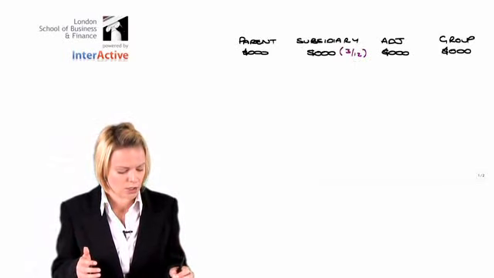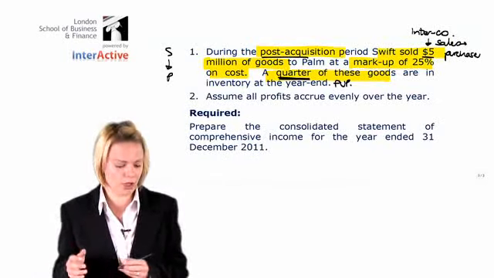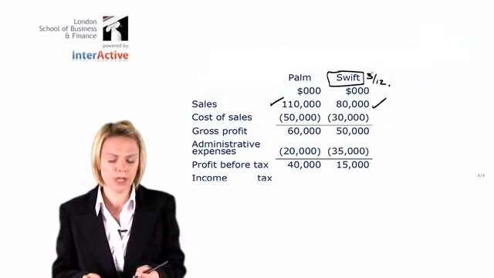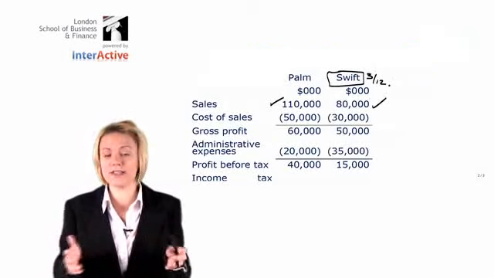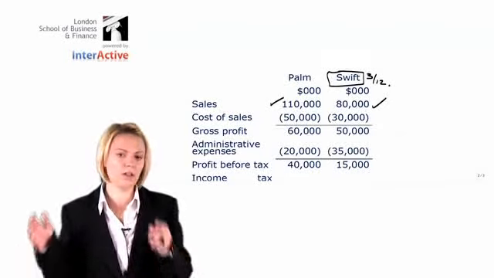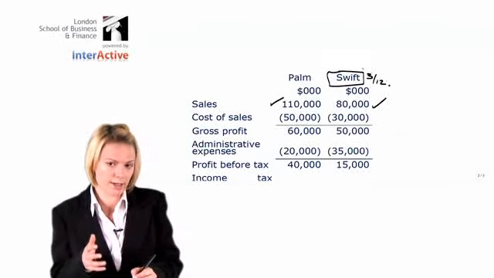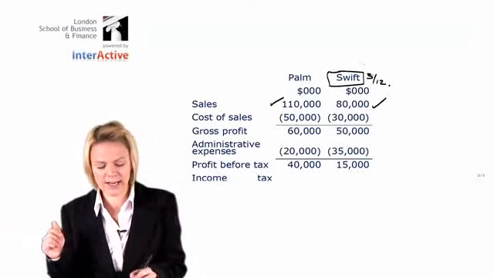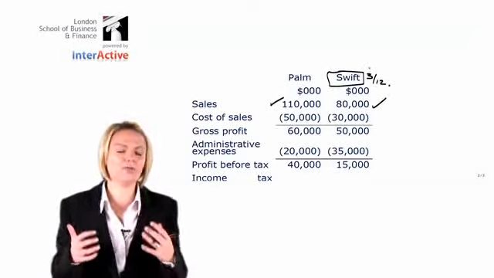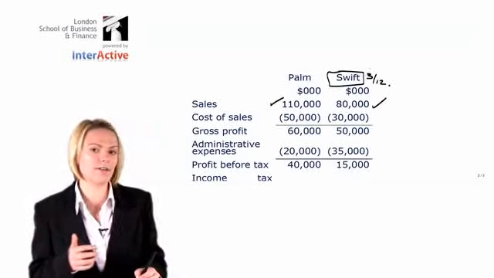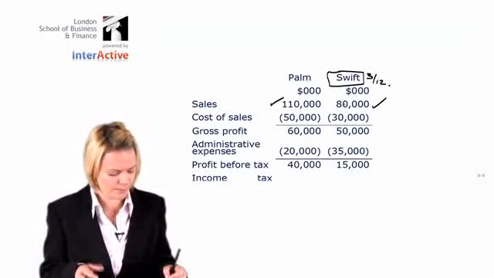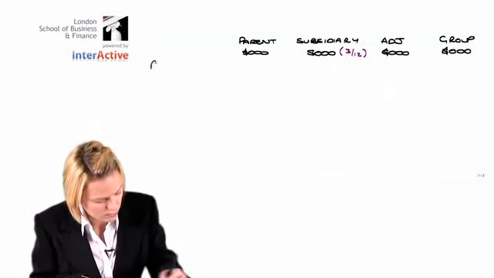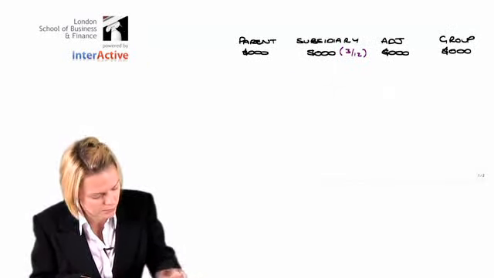So, starting off then with revenue, parent plus 3/12 of the sub. And note, I've made a note of this 3 months 3 times over: group structure, on the question, and on the actual answer itself. So I absolutely have no chance of forgetting to pro rata the subsidiary's revenue of $80,000. So, starting off then with revenue.